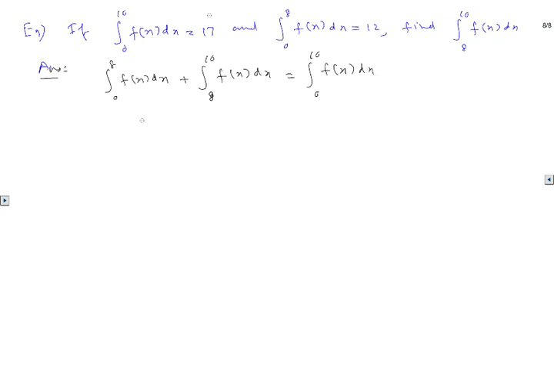Okay, so according to this, the integral from 8 to 10 of f(x) dx equals the integral from 0 to 10 minus the integral from 0 to 8. So let's plug in. 0 to 10 is 17, 0 to 8 is 12, so if you subtract you get 5. Okay, so things are easy.